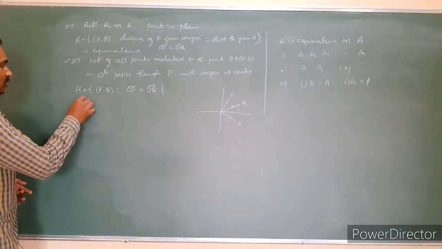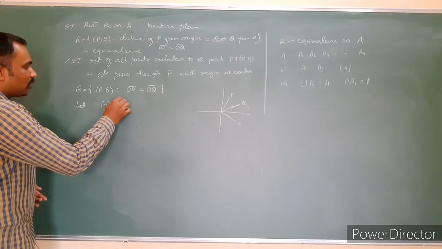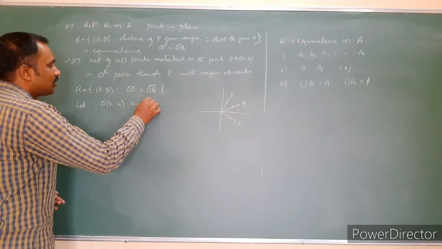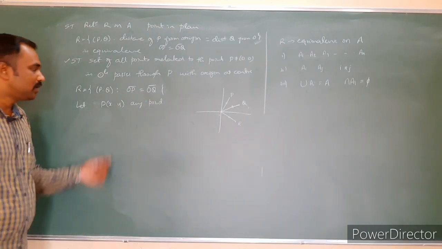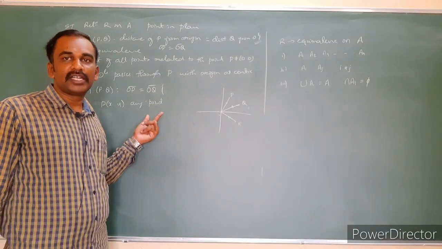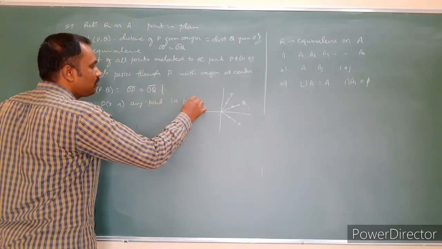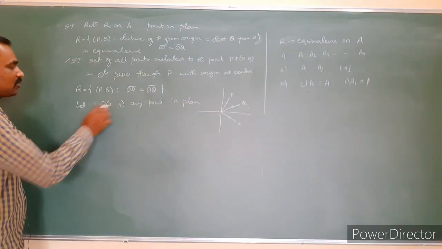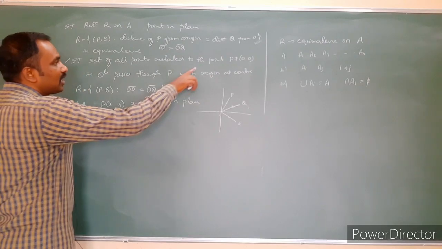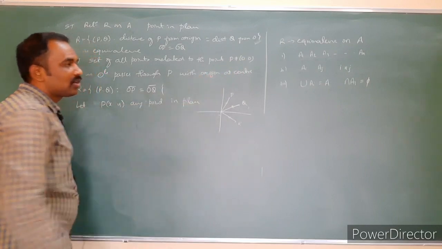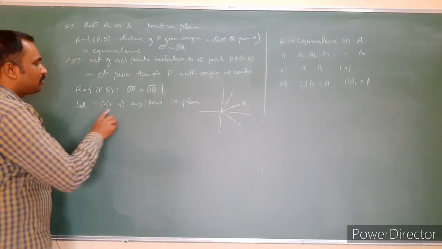Here, let P be a general point, any point having the coordinates x comma y in the plane. According to the given condition, P is not equal to the origin, so P is any point.